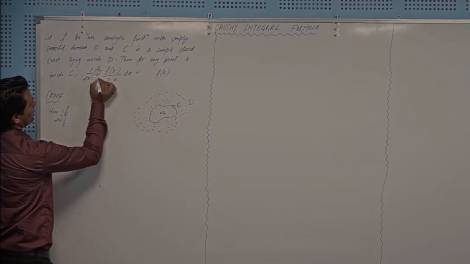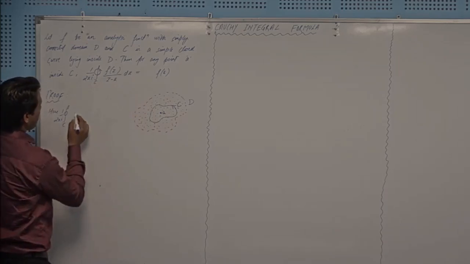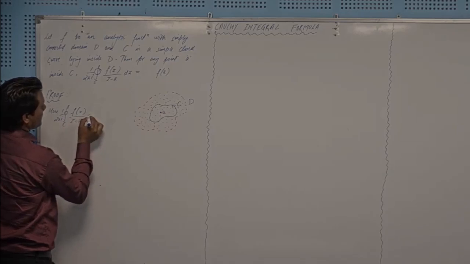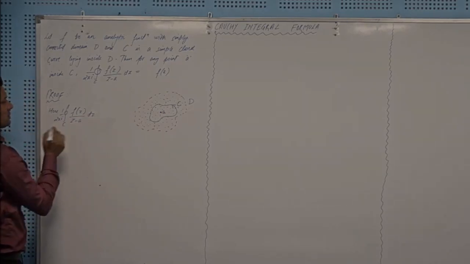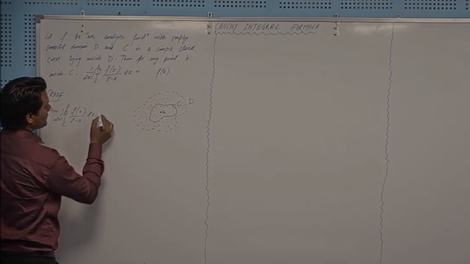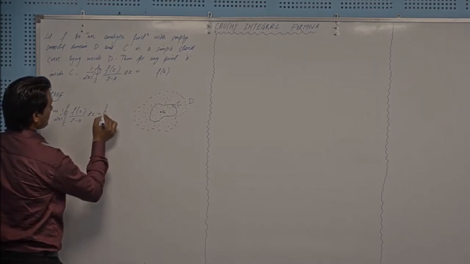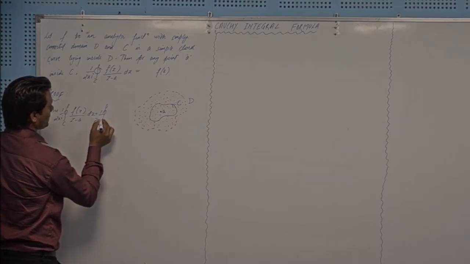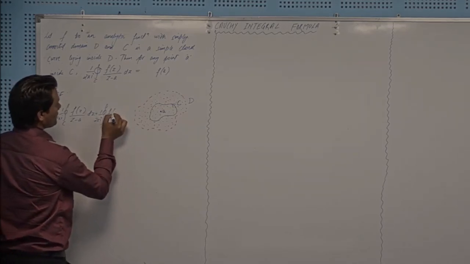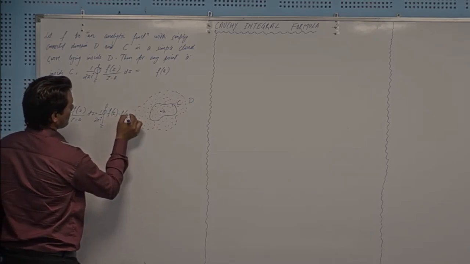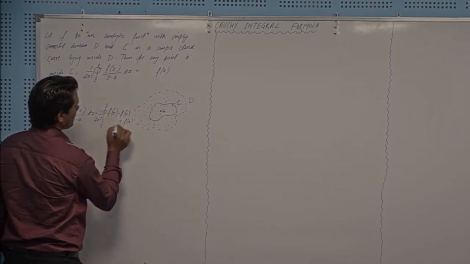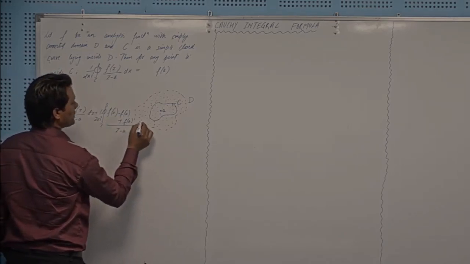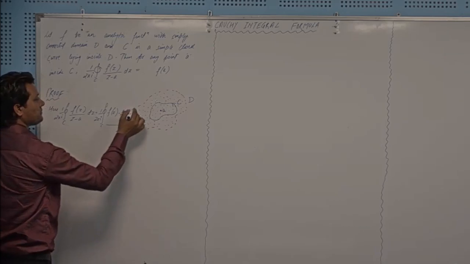Okay, so f(z) over z minus a dz, this is given to you, can be written as 1 over 2 pi i integral over C of f(z) minus f(a) plus f(a), divided by z minus a, and then dz. Fine.